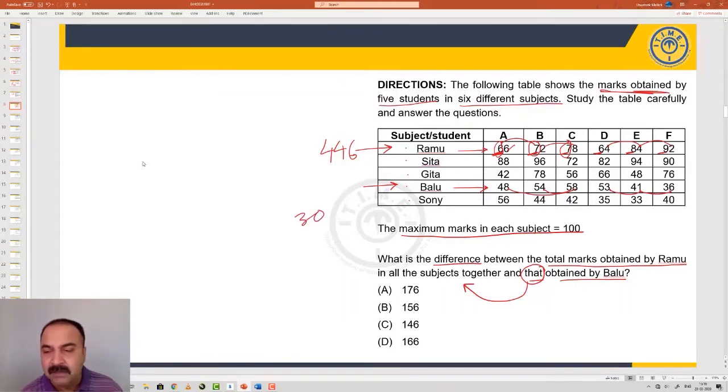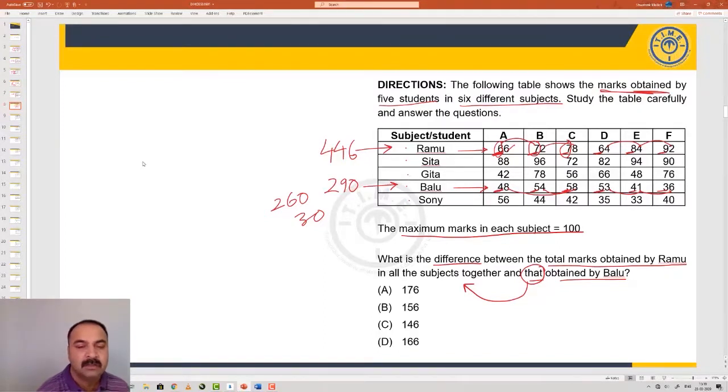Now I add up the decades, tens. 40 and 50 is 90, 90 and 50 is 140, 140 and 50 is 190, 190 and 40 is 230, 230 and 30 is 260. So I have these two numbers to be added. So total for this gentleman is 290.